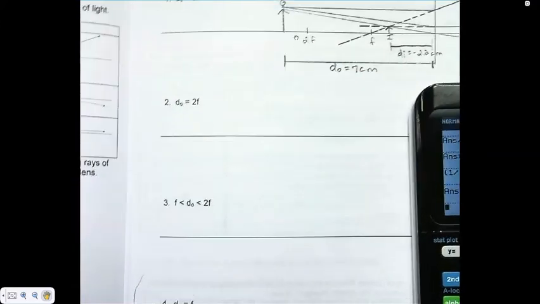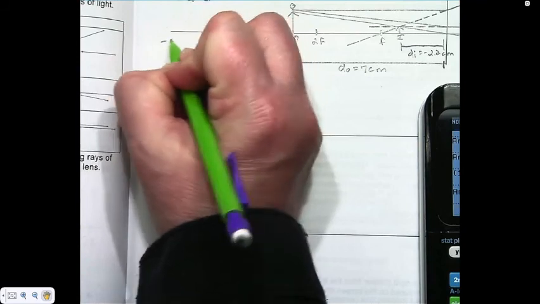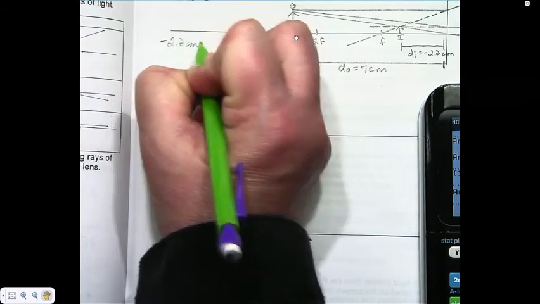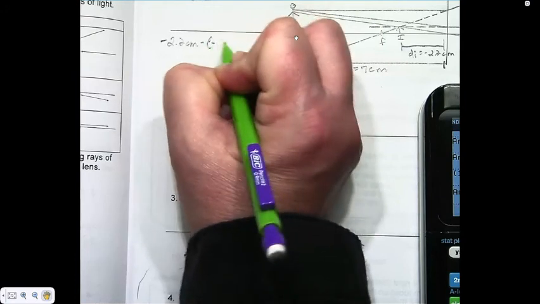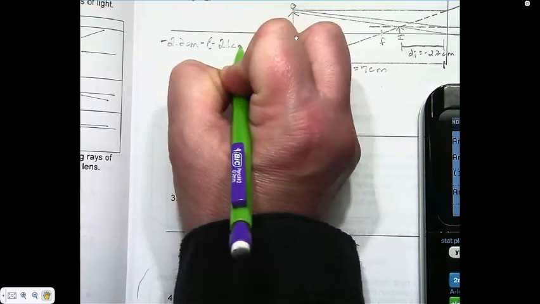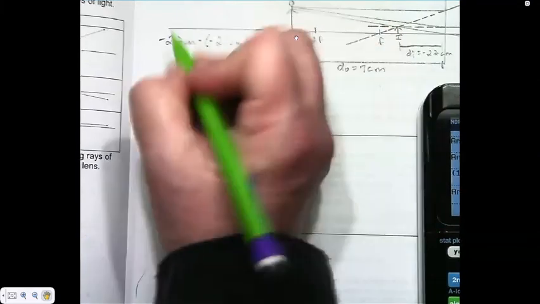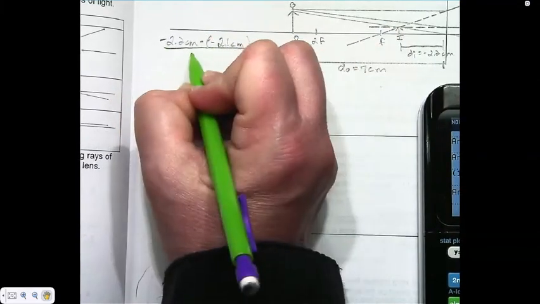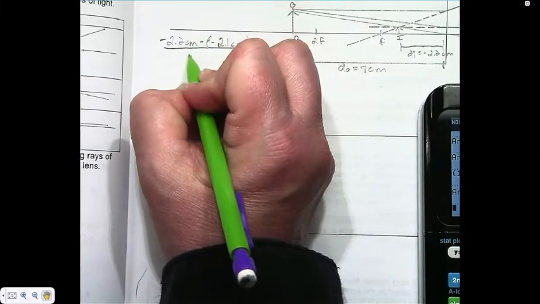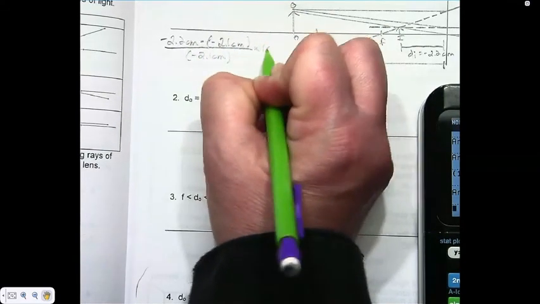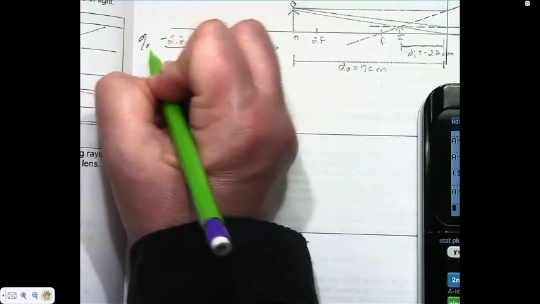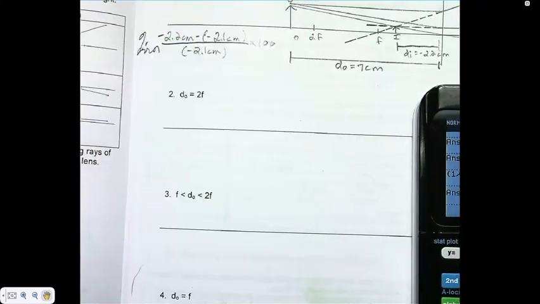So calculate percent error. My measured distance, negative 2.2 centimeters, minus my calculated, which is negative 2.1 centimeters. I'm going to divide that by my calculated value of negative 2.1 centimeters and multiply by 100, and that's going to be my percent error.